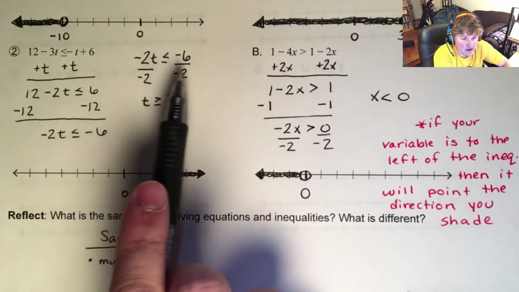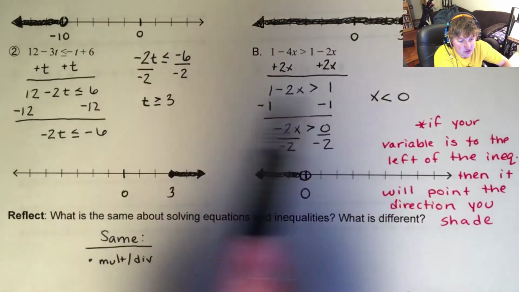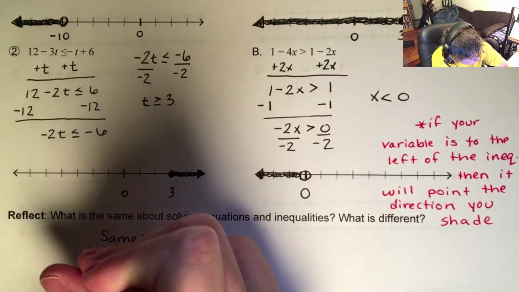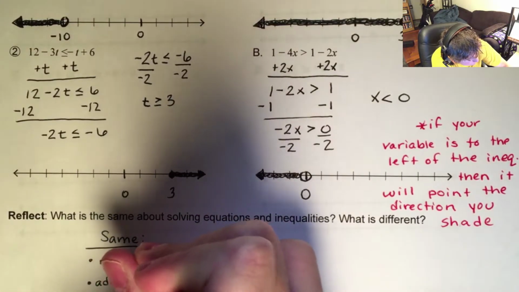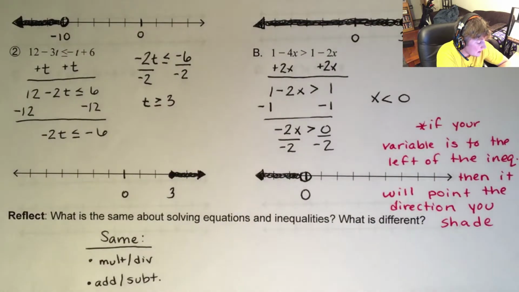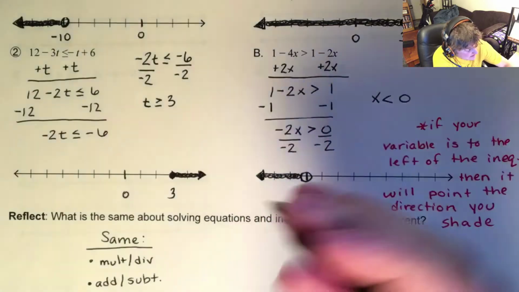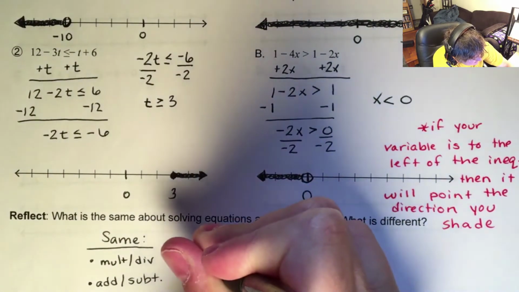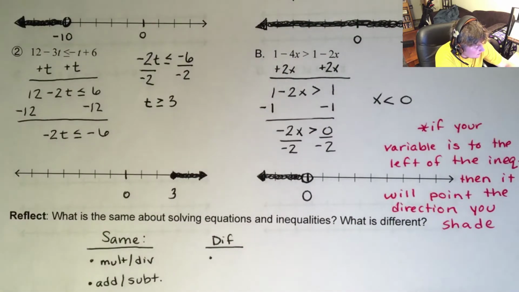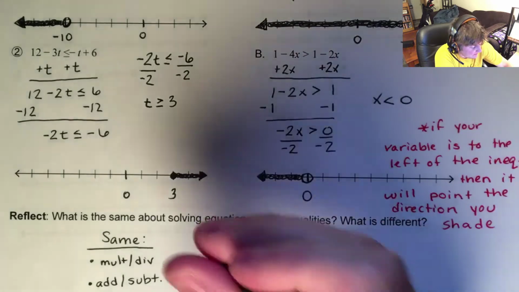If I divide by negative 2 here, I have to divide by negative 2 there. The same is true with adding and subtracting. Those methods are really the same. Okay, so what's different? Well, the biggest difference, I think, which may jump out to you right off the bat, is flipping your sign.